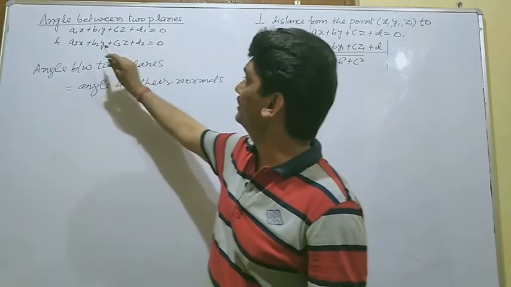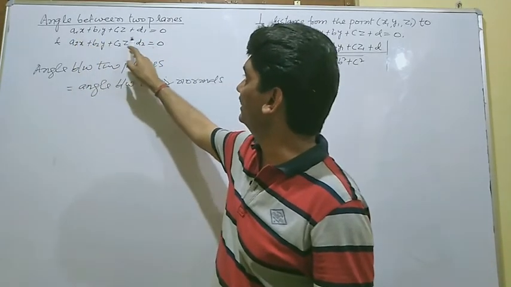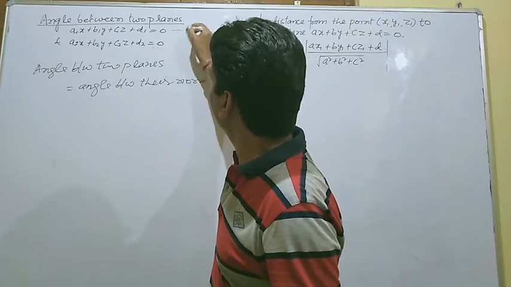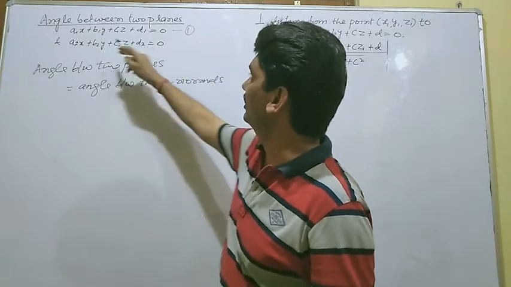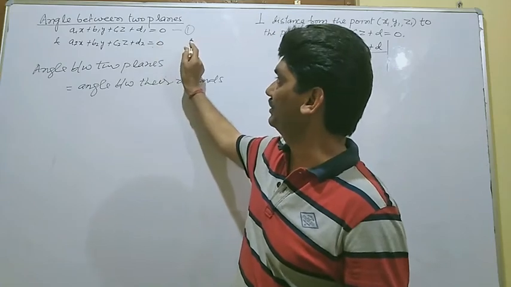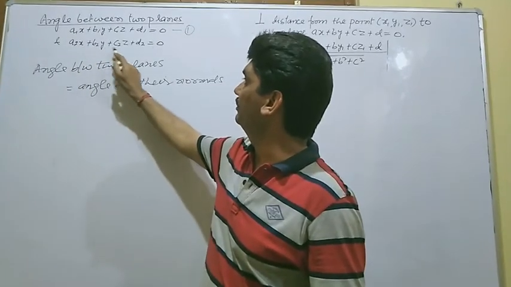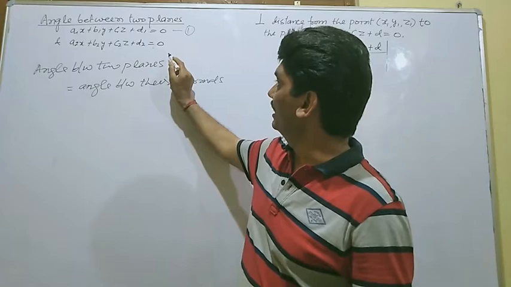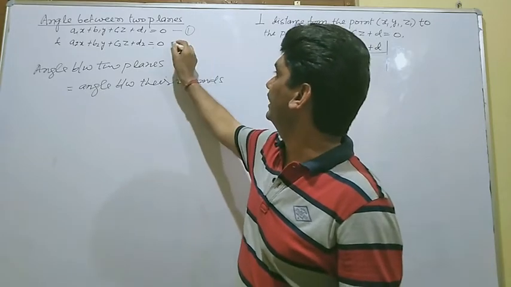In this case, if the equation of the first plane is a1x plus b1y plus c1z plus d1 equals 0, so a1, b1, c1 are drs of the normal to the first plane, and similarly a2, b2, c2 are drs of the normal to the second plane.